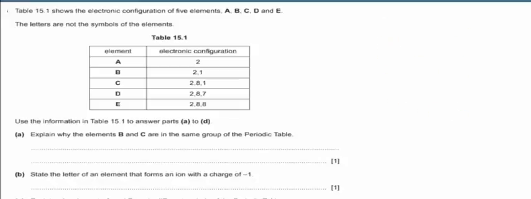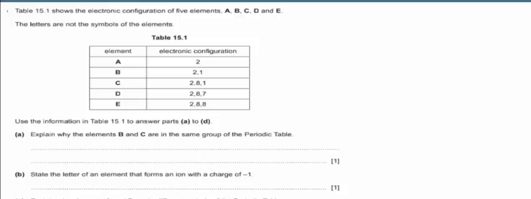So now let's try to answer the questions. They are saying, use the information in the table 15.1 to answer parts A to D. So we have the first question, which is saying, explain why the elements B and C are in the same group of the periodic table.